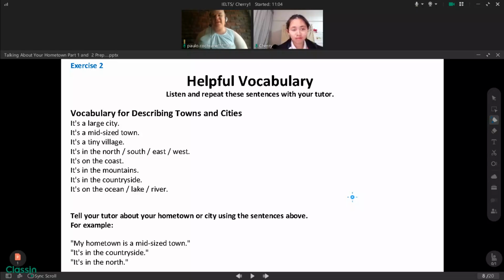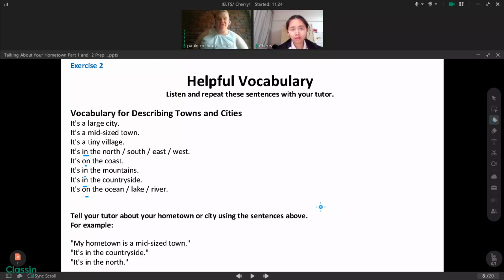Okay, so basically, I want you to remember these phrases, especially the prepositions like in, on. These are very important. Write them down because they will be helpful for you.